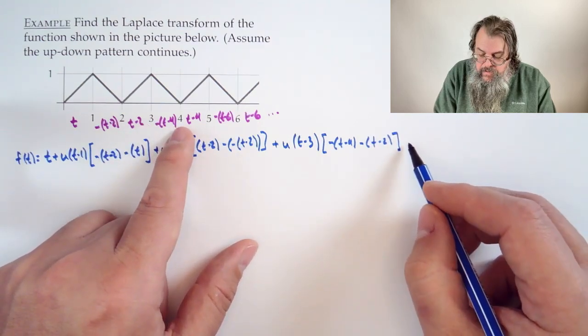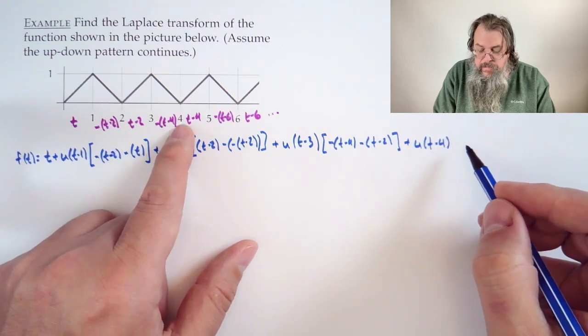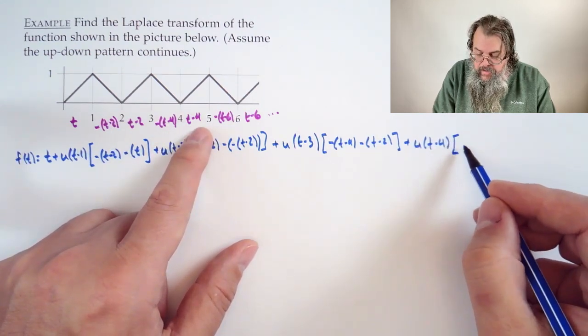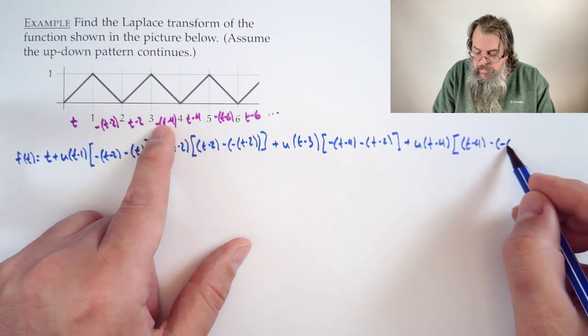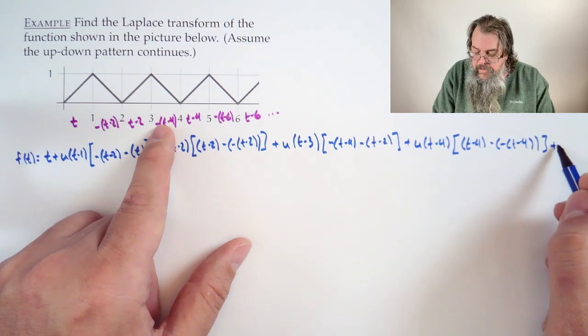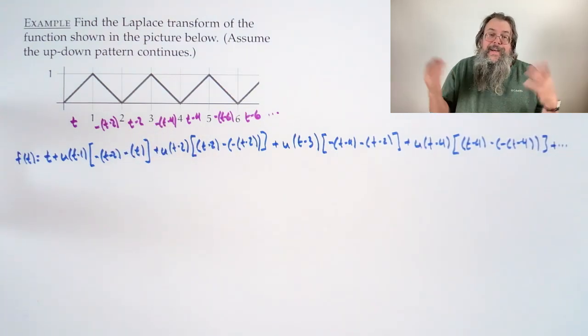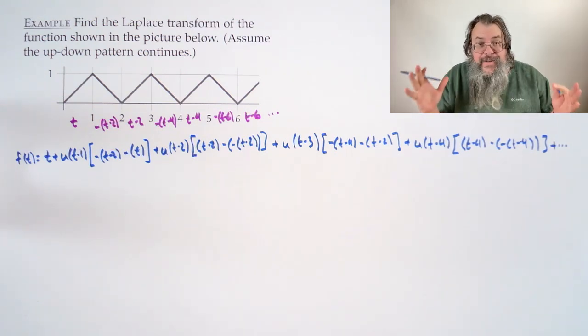Okay, to our next one, u of t minus 4, because we're going to switch our behavior at 4. Afterwards, we're at t minus 4. And before, we're at minus t minus 4. And well, we're running out of room, so we'll say dot, dot, dot. And dot, dot, dot is secret mathematical language for, and the pattern continues.